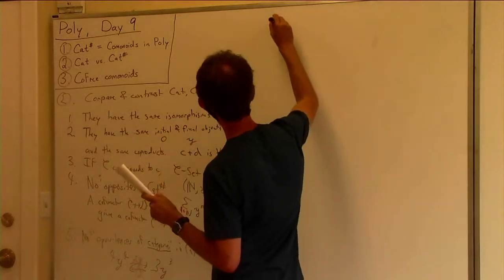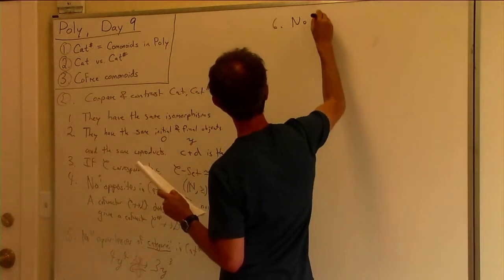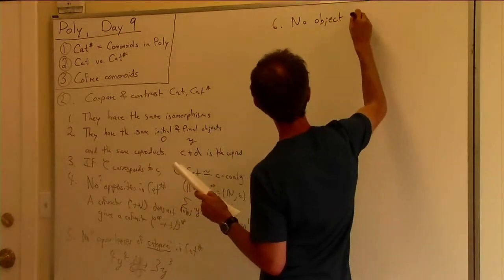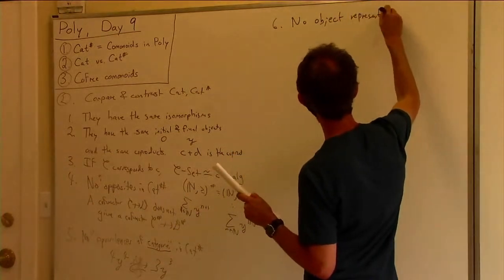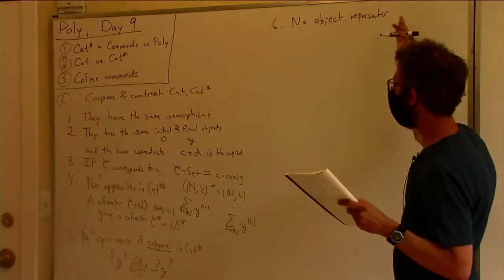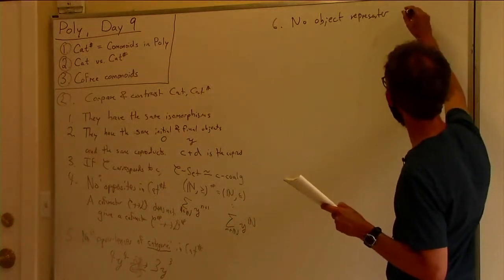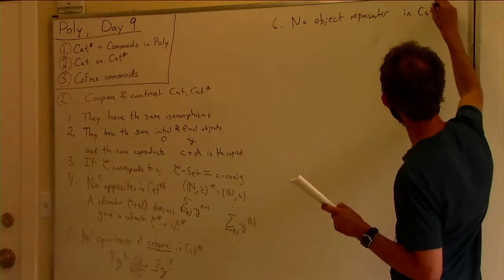Another thing that's different about them: no object representer. And this one's for real. I'm not saying the one from categories doesn't work. I'm saying there is no object representer in Cat sharp.